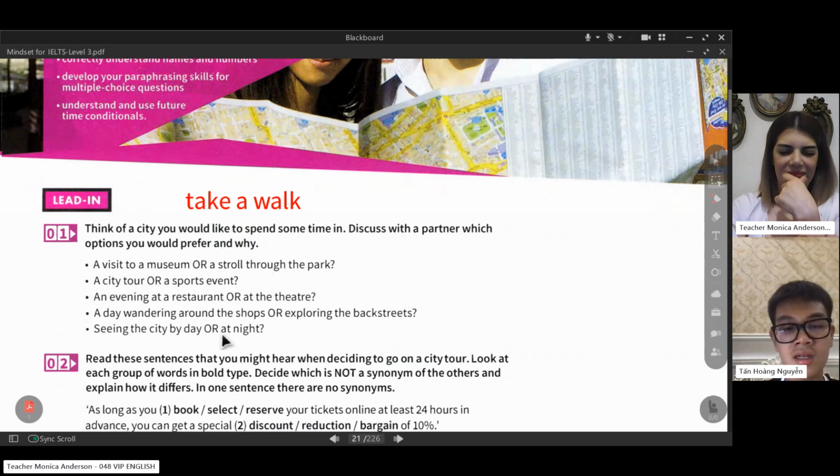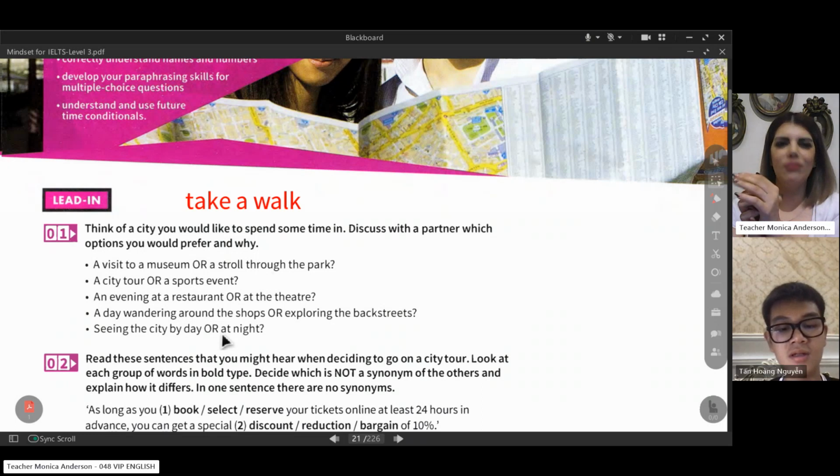I think I will choose to explore the back streets. Maybe some different places, different locations. Of course, you may find some, for example, graffiti. Yeah, of course.